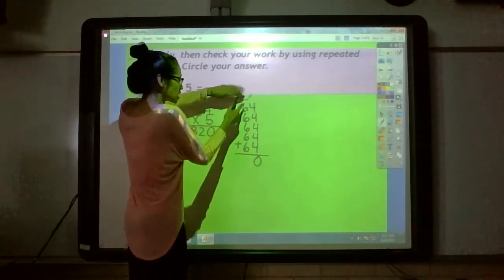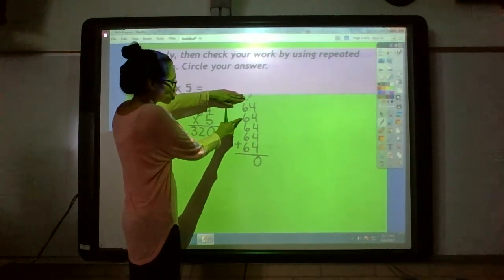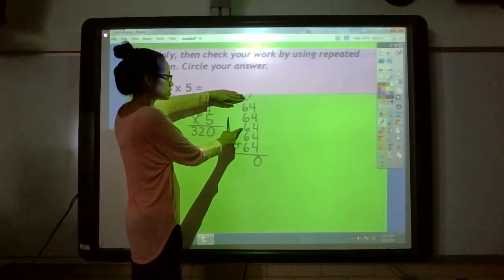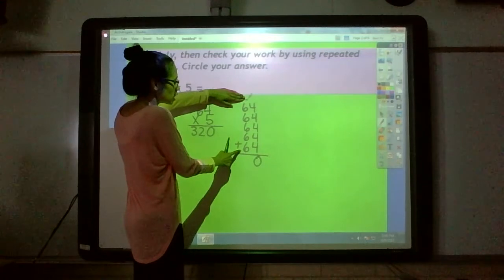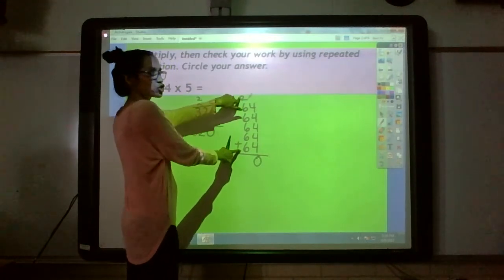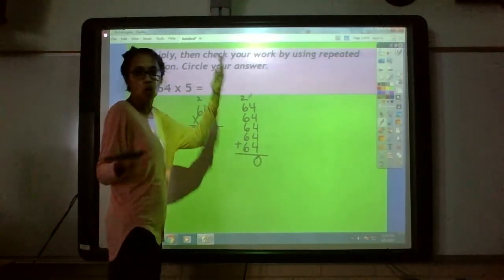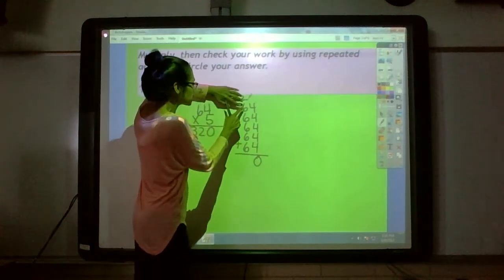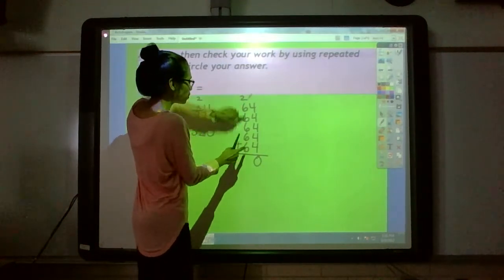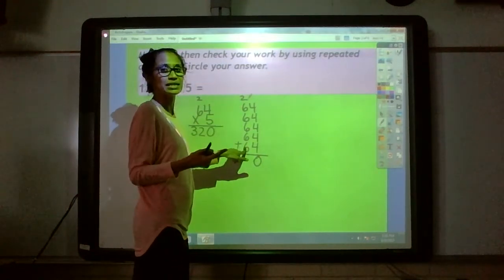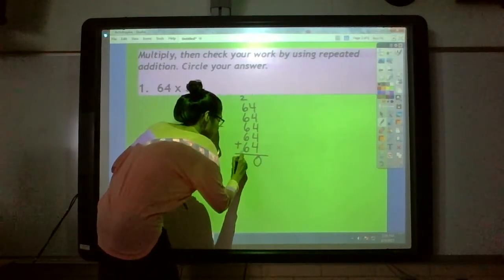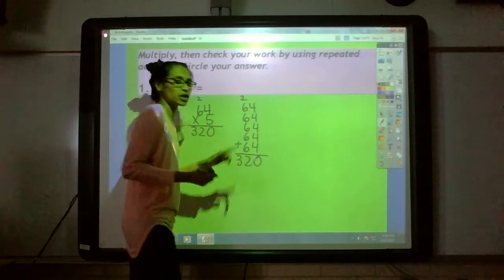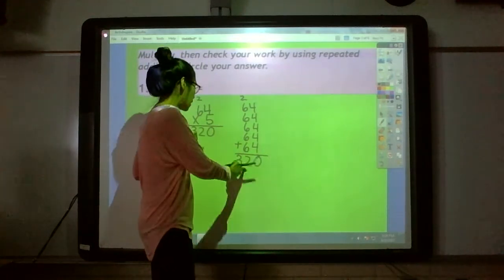Or you can do the 6's first. 6 and 6 is 12, plus another 6 is 18, plus 6 is 24, plus 6 is 30, and then add that 2 is 32. Or we can count all the 6's: 1, 2, 3, 4, 5. 5 times 6 is 30, plus that 2 up top is 32. Bam, right there. All right, now it matches up.